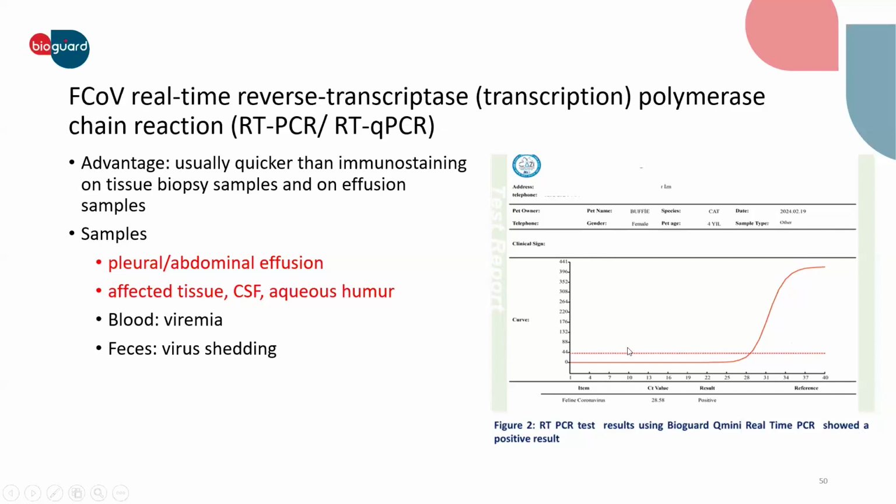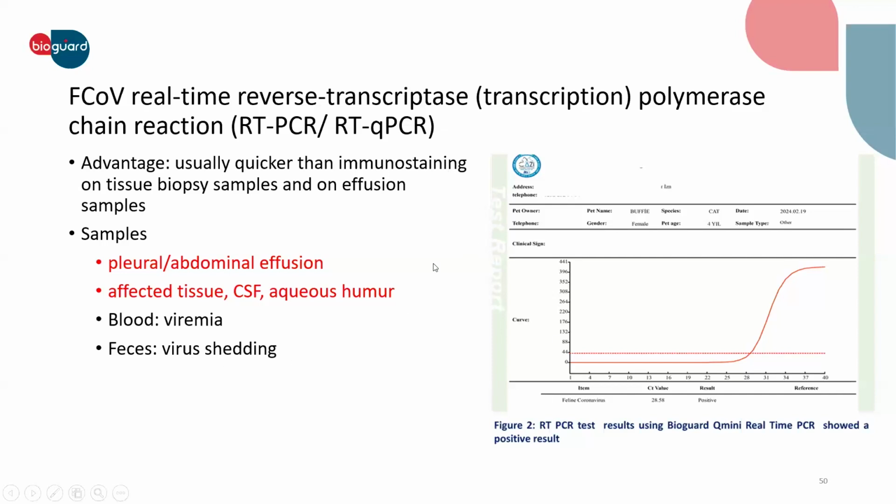They also sent for immunohistochemistry and it also showed a positive reaction. If you use blood, it can only tell you there is viremia, but viremia is usually not a very good indication. If using feces, it can tell you if the cat is shedding the virus.